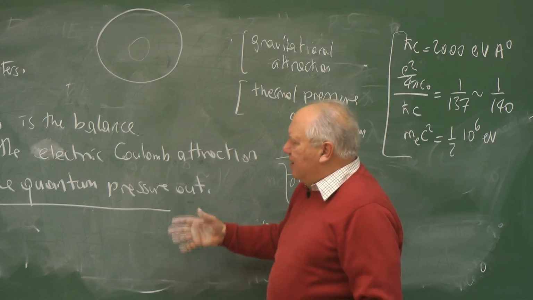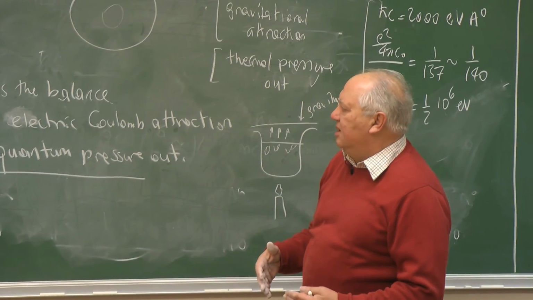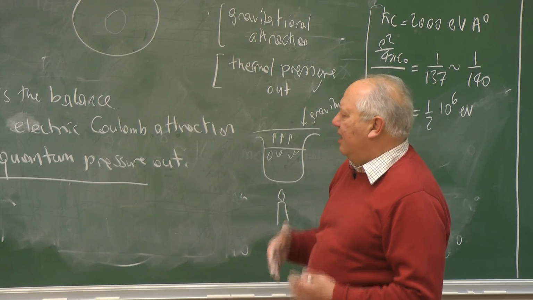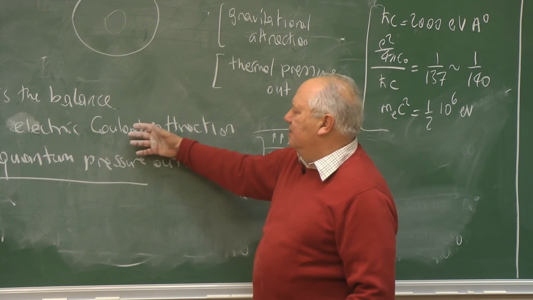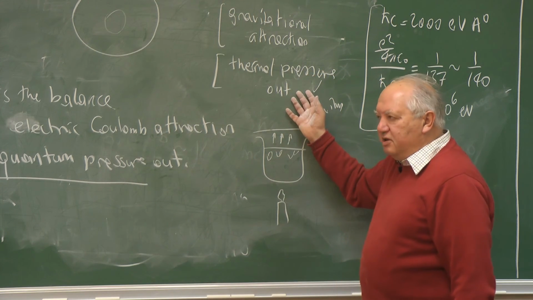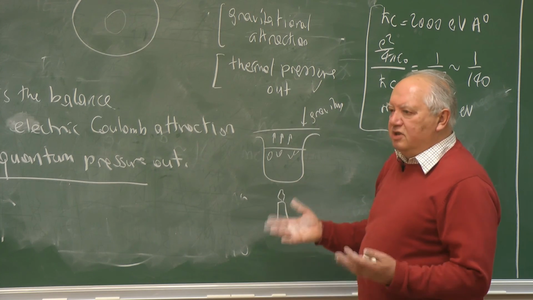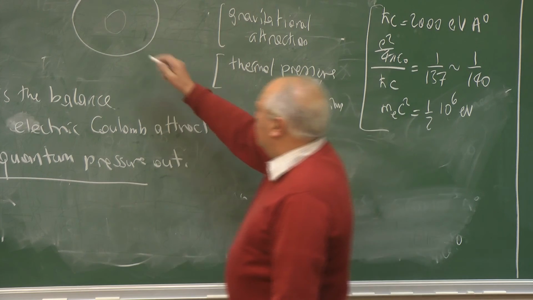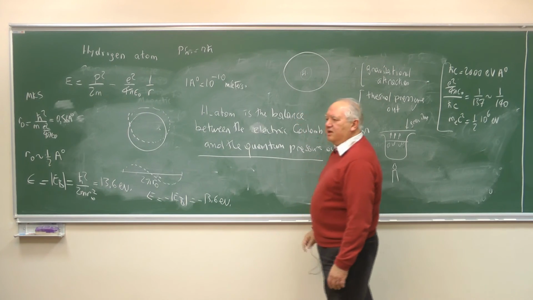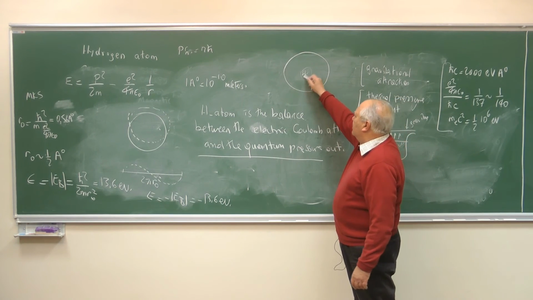Quantum pressure, by the very nature of physics, the uncertainty, is there, and it's always balancing the Coulomb attraction. What about this thermal pressure? Well, to create thermal pressure, you have to burn something, and the star burns hydrogen. At the core there is hydrogen, like in our sun. It is burning this hydrogen.